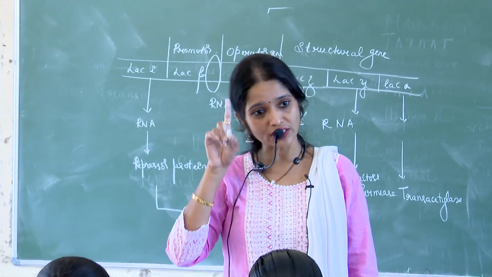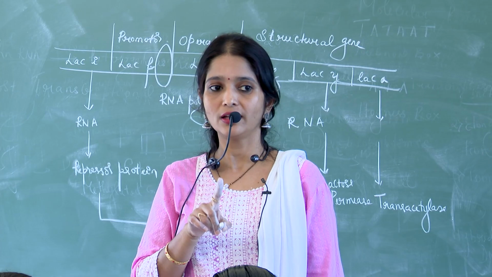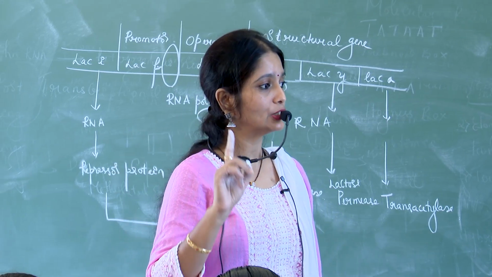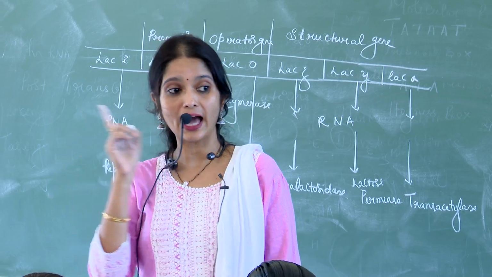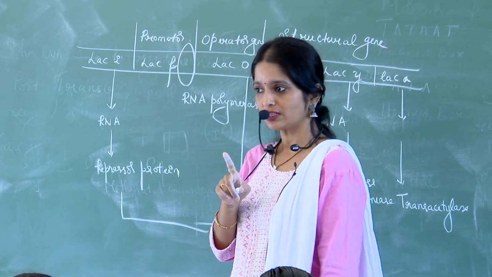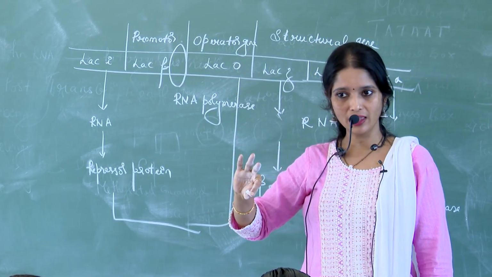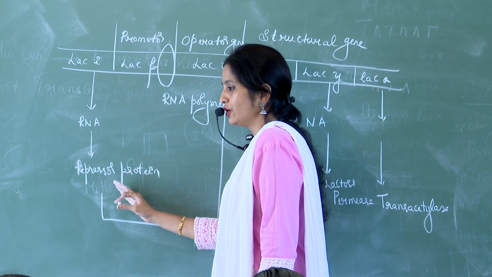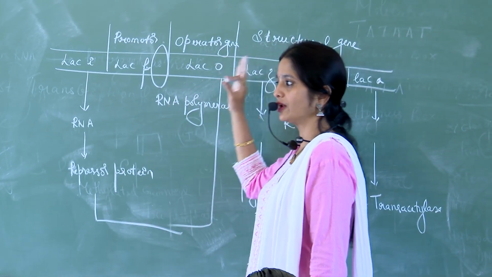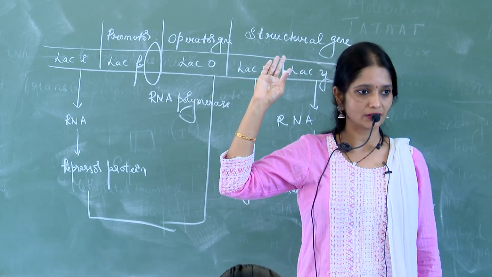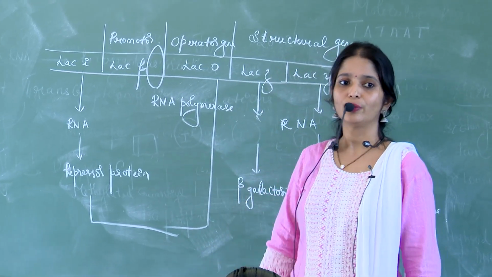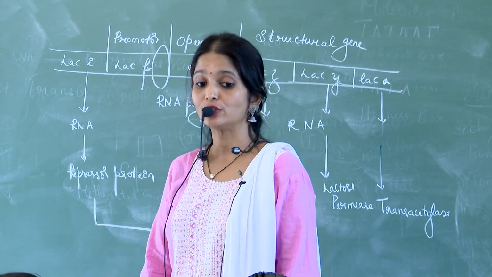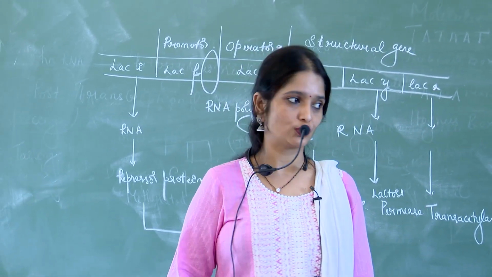And when lactose is present, repressor protein binds to lactose. In the absence of lactose, repressor protein goes and binds to the operator. When lactose is present, repressor protein goes and binds to lactose.